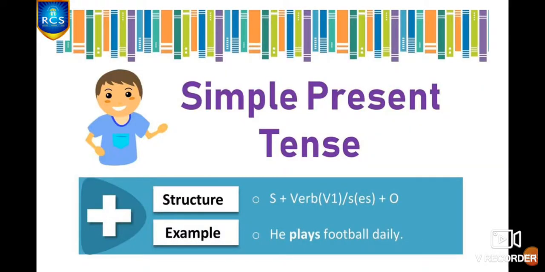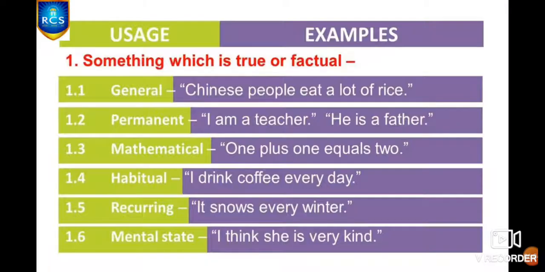Let us learn some more information about these tenses. The first one is the simple present tense. What is the form? Subject plus first form of the verb. We have to add s or es to singular nouns. For example, he plays football daily.